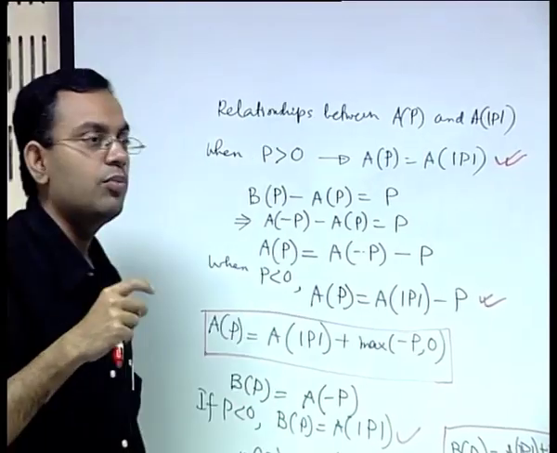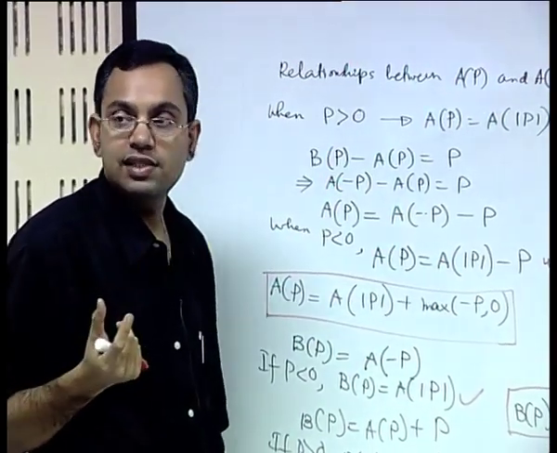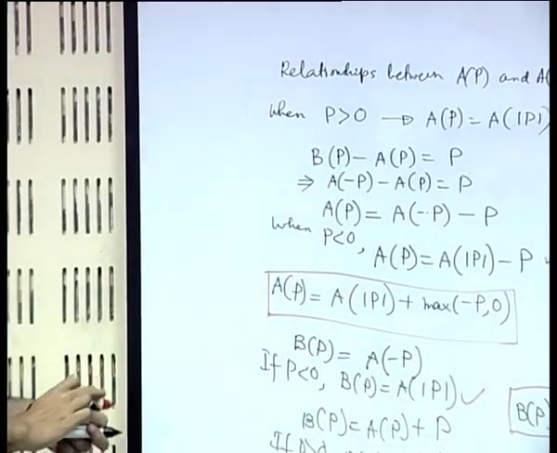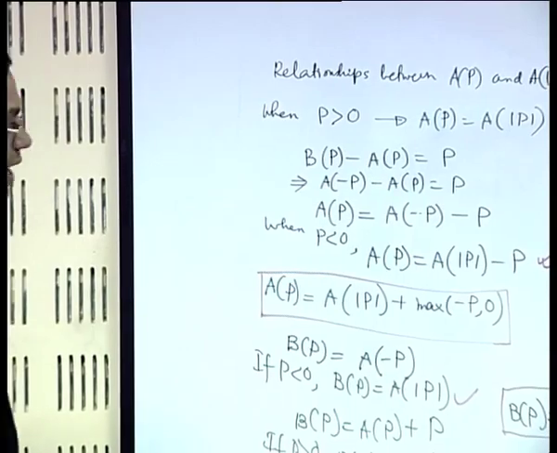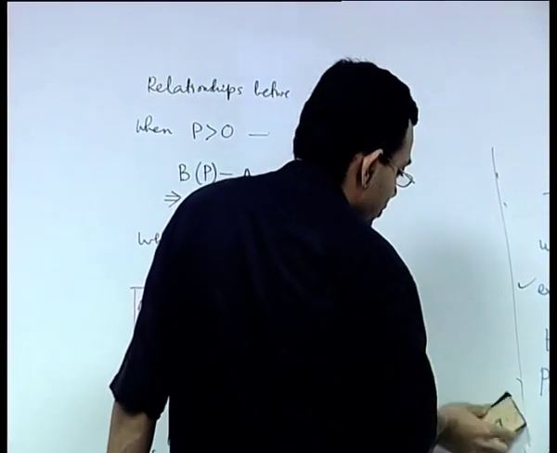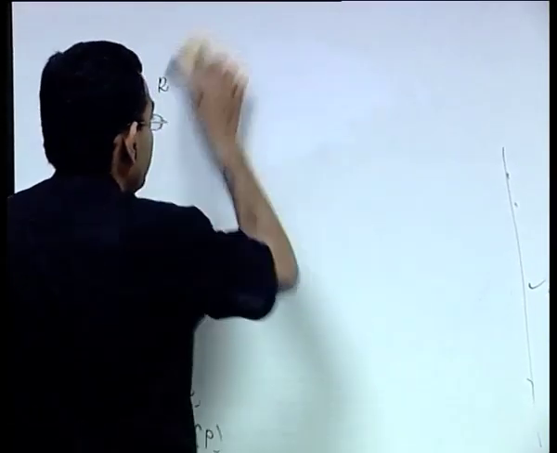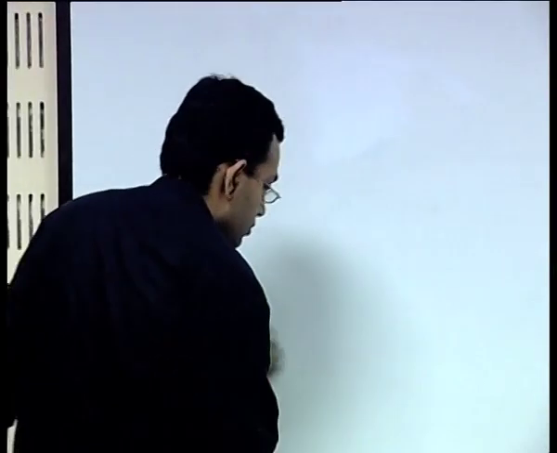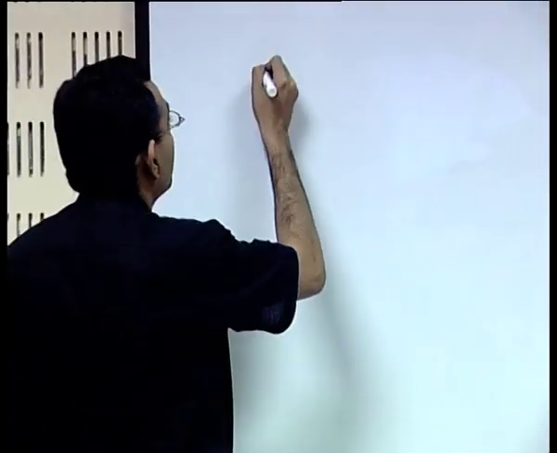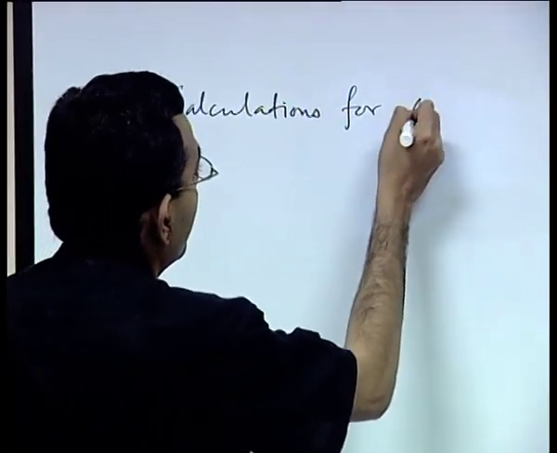So it does not matter whether P equals plus 5 or minus 5, in either case A of mod P will remain the same. So let us try to calculate A of mod P for these different schemes and express those in terms of mod P.